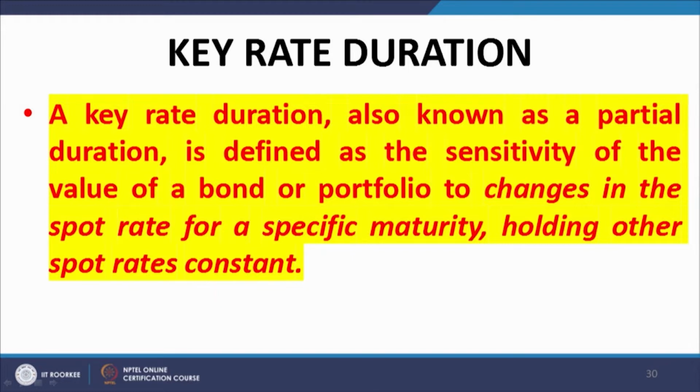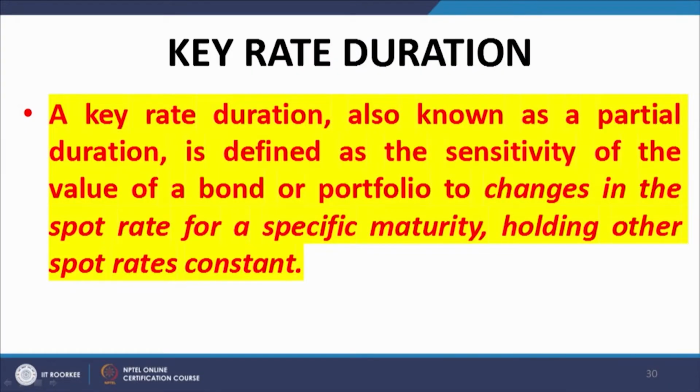It is pretty much similar to partial differentiation, where you consider changes in a function of a number of variables with respect to a particular variable, keeping all other independent variables constant. So, something like a partial derivative, and that is the reason that we call it the partial duration as well.